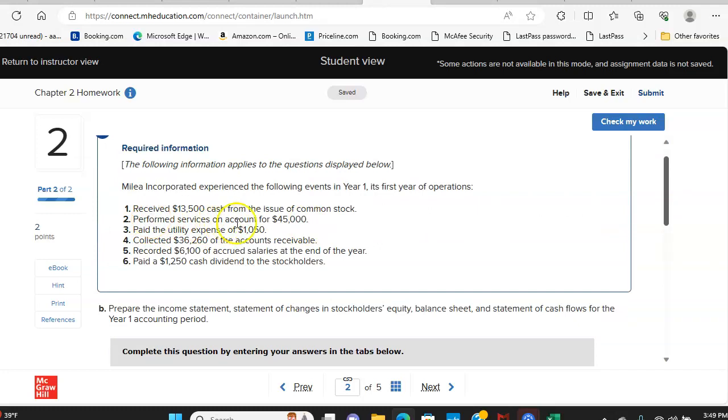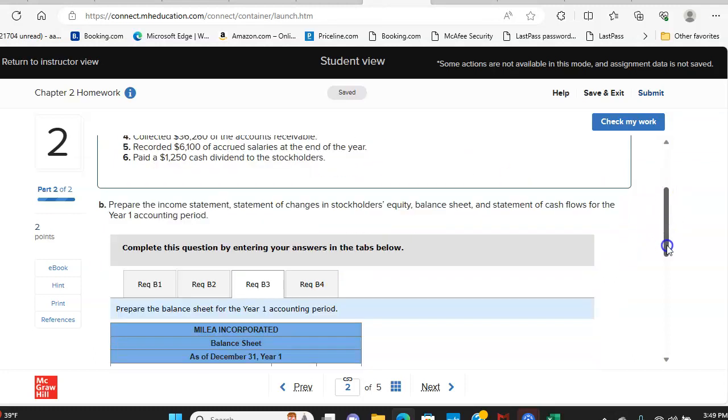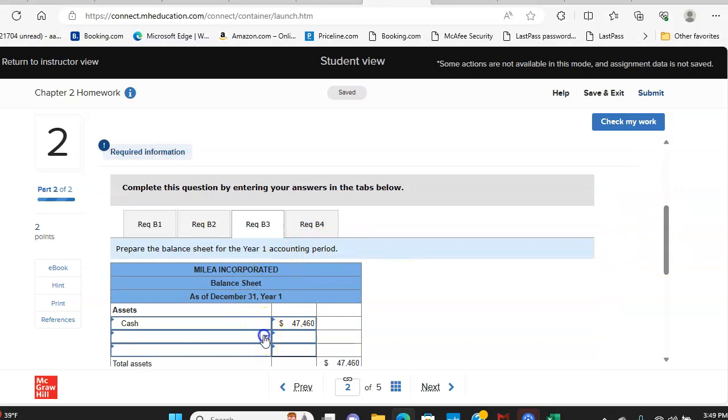So accounts receivable was 45,000, but we collected 36,260. So 45,000 minus 36,260. My accounts receivable ending balance should be $8,740.